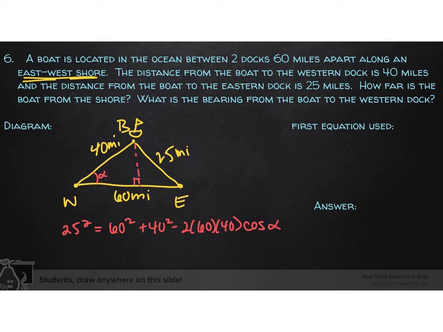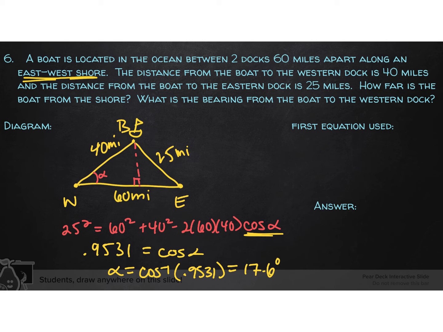And we need to solve for this. Okay, so you can kind of do that, but it gets you to 0.9531 is equal to cosine of alpha. So when you do cosine inverse, that gives us 17.6 degrees.